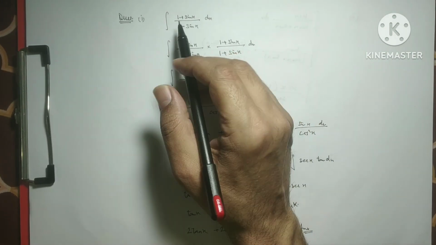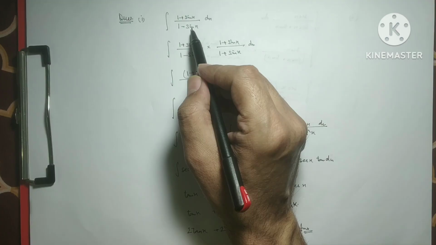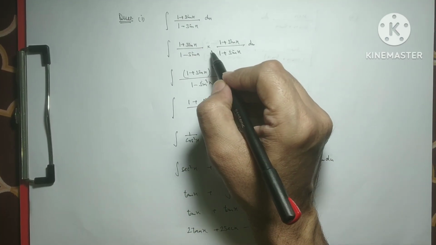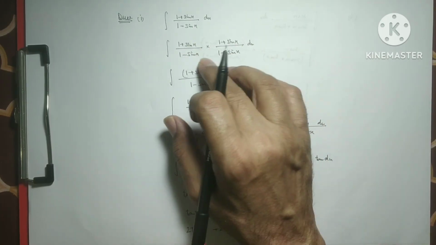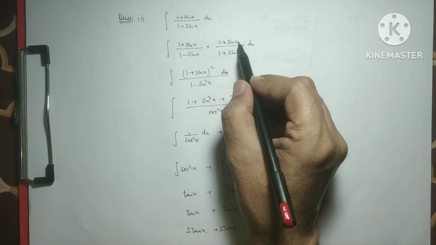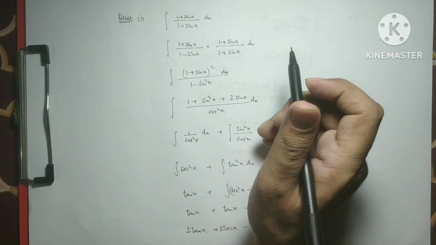Now we are taking a new question: (1 plus sin x) over (1 minus sin x). Now on rationalization of the denominator, we get 1 plus sin x in the numerator and multiply and divide by 1 plus sin x.